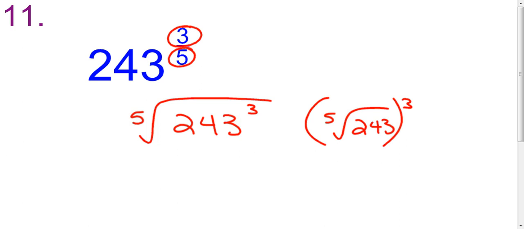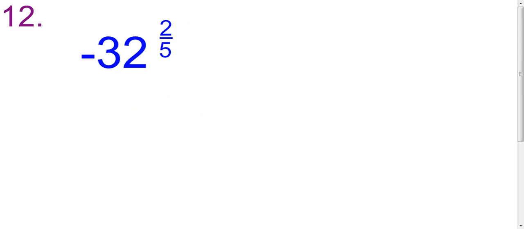Or, of course, you can stick that into your calculator, and the 5th root of 243 is 3, which I then have to take to the 3rd power, and 3 to the 3rd power is 27. Or you can take literally 243 to the 3/5 power and stick it into your calculator, okay?